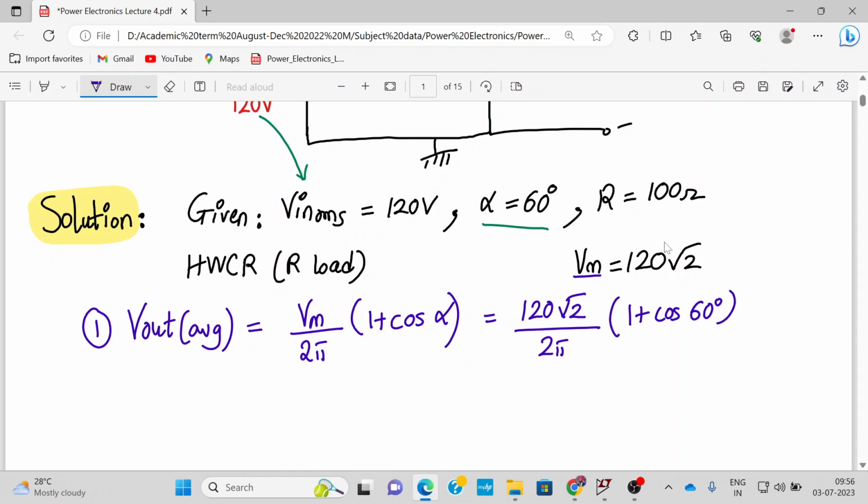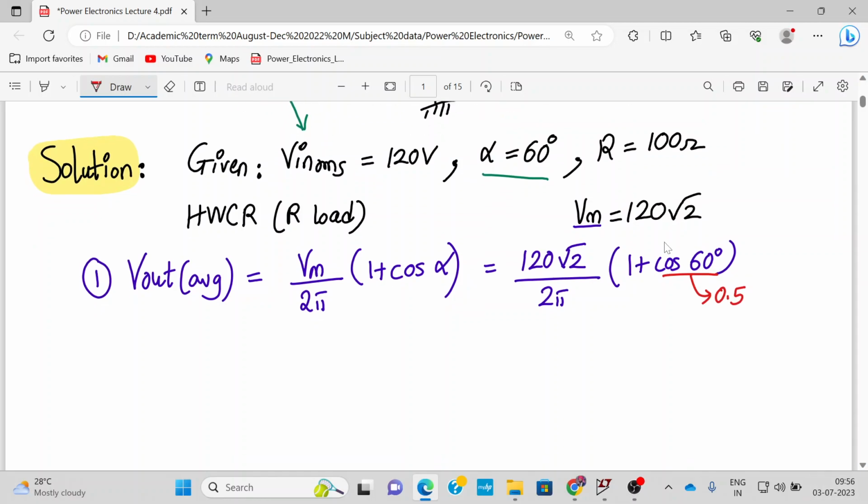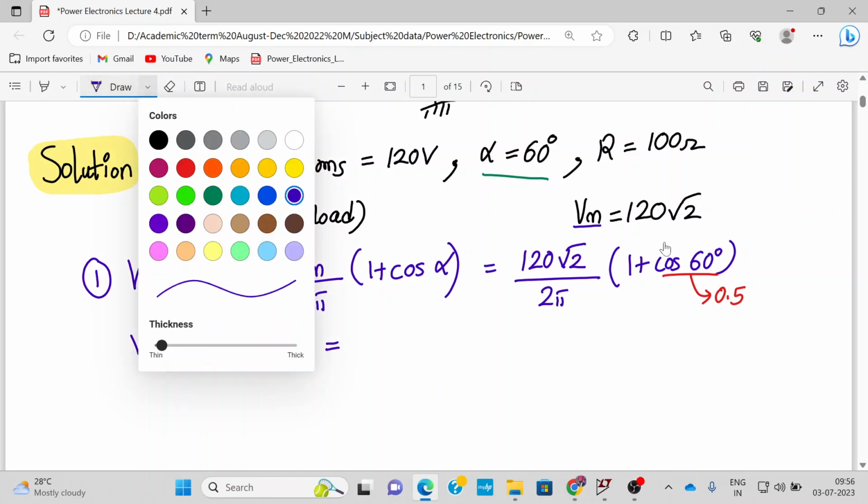And cos 60, you can check in your calculators. It will be around half, the value will be 0.5. So please calculate this number and let me know the answer for V out average, or VDC. Let me cross check this.